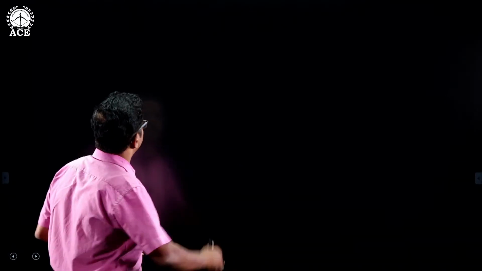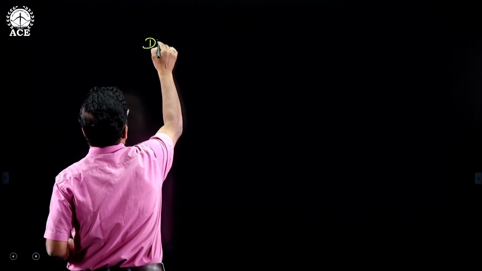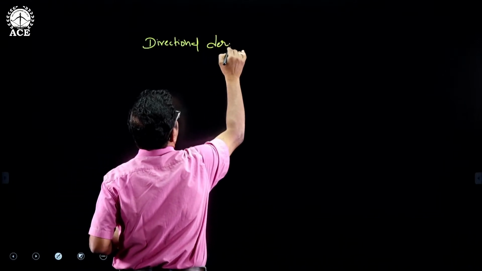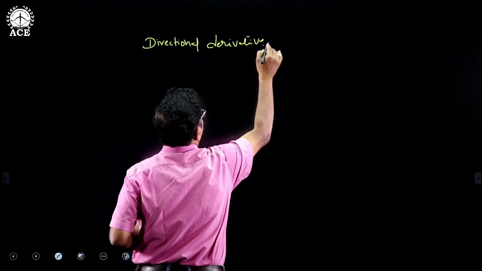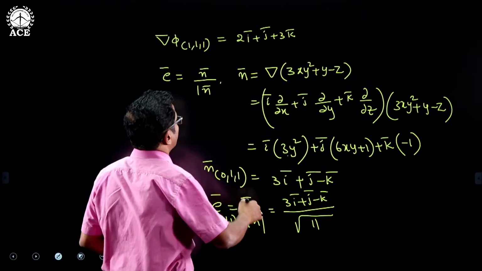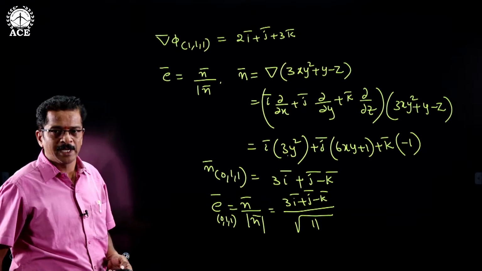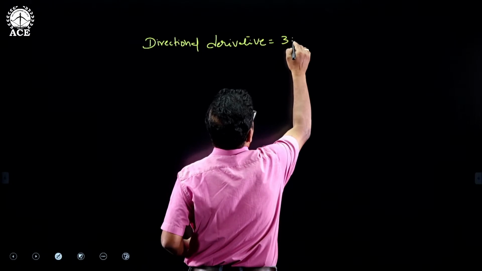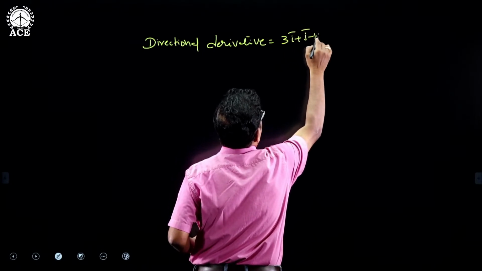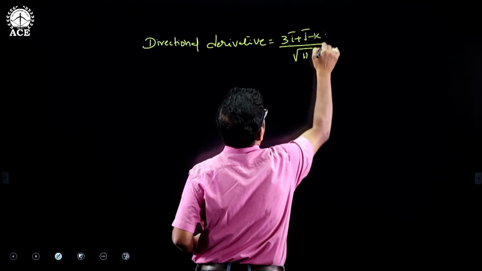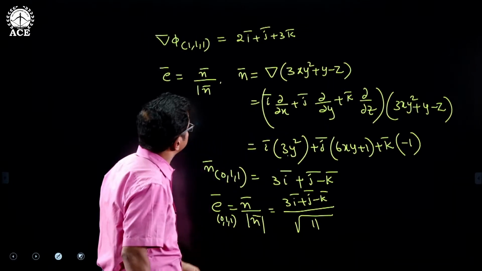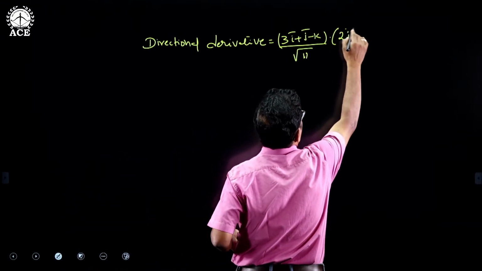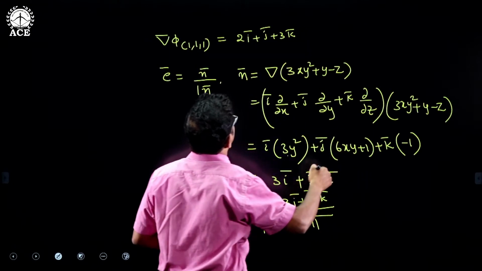Therefore the directional derivative equals E bar, which is 3 i bar plus j bar minus k bar by root 11, dot del phi, which is 2 i bar plus j bar plus 3 k bar.